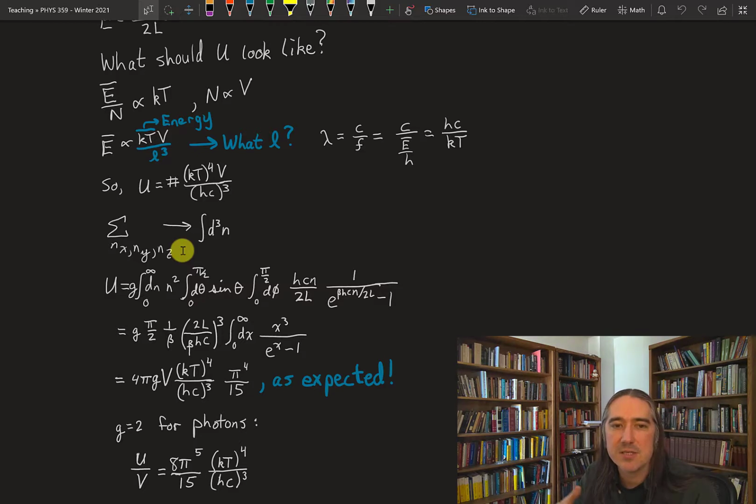And the difference between the sum and the integral is going to be minuscule on that scale. Okay. And I already hinted to you up above, because the energy depends on the length of this n vector, we can switch to spherical coordinates because our level curves, our curves of constant energy, are going to be spheres.